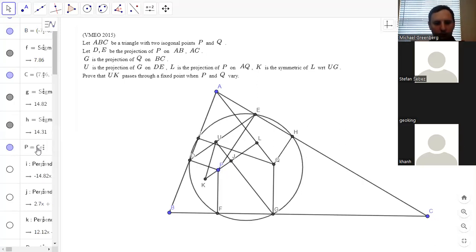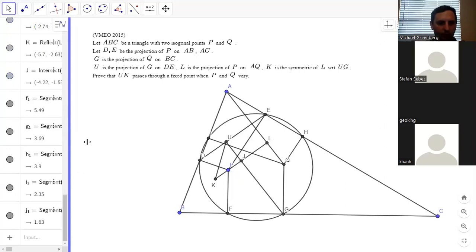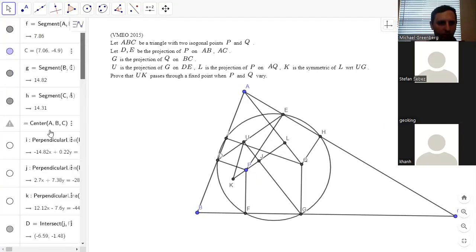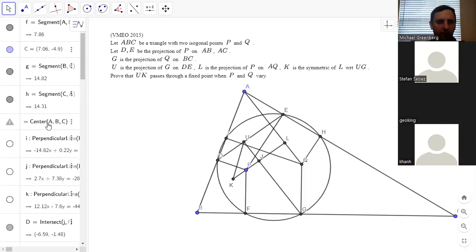P equals... wait, why didn't that work? Is that how you write it? Just P is the center of ABC?